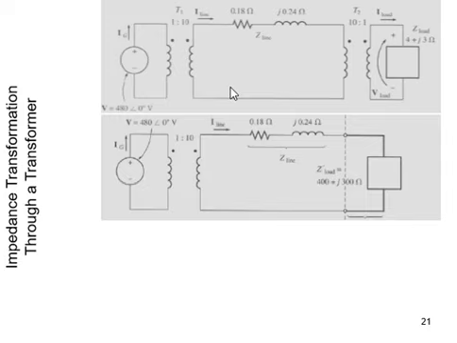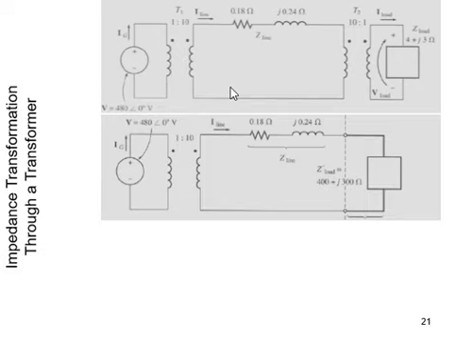Now we move towards transformer 1, T1. In the case of T1, the value of A is not 10, it is 1 over 10, which can also be written as 0.1.